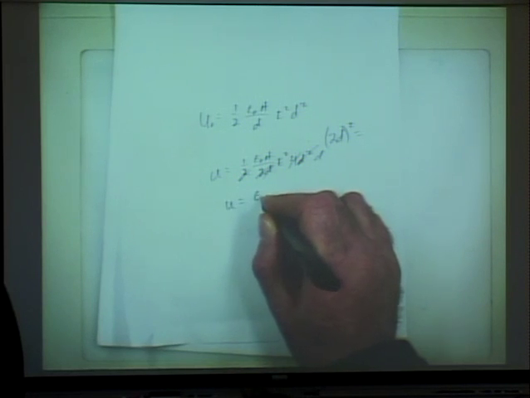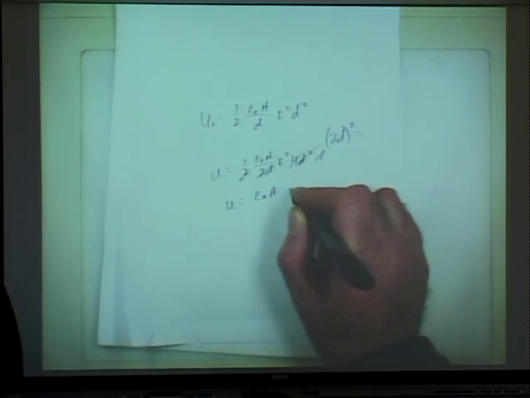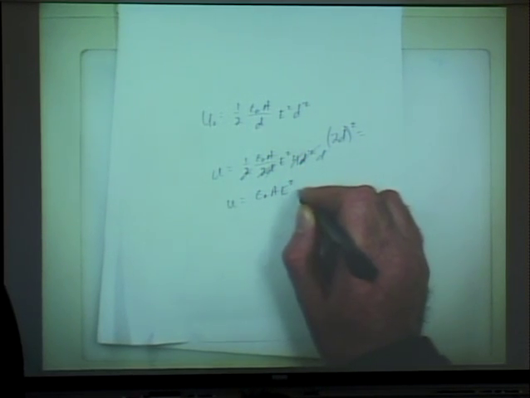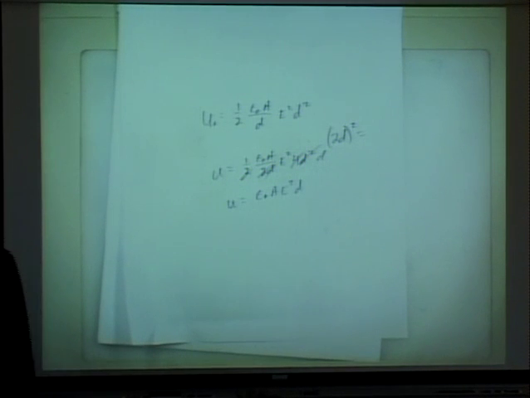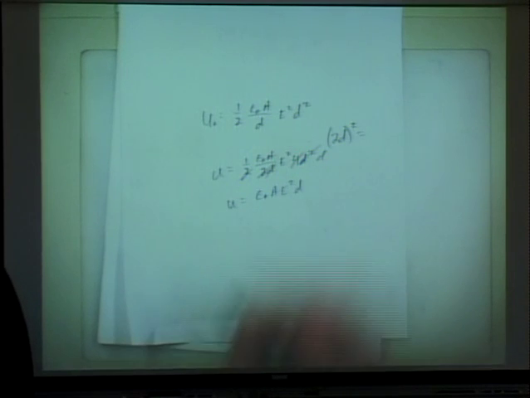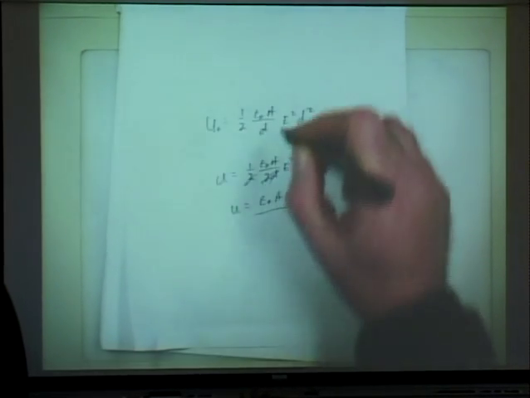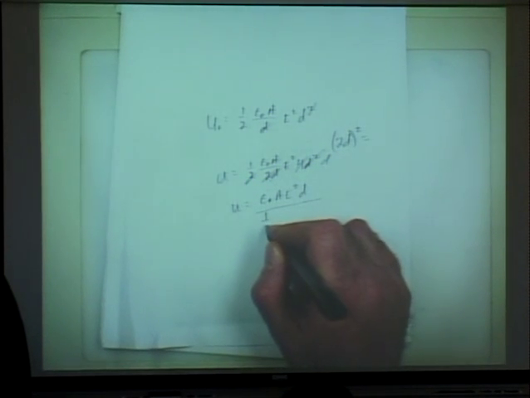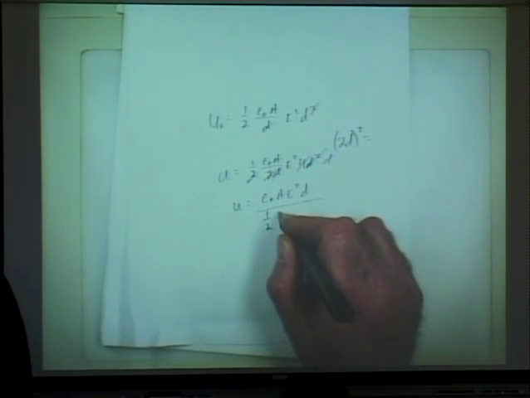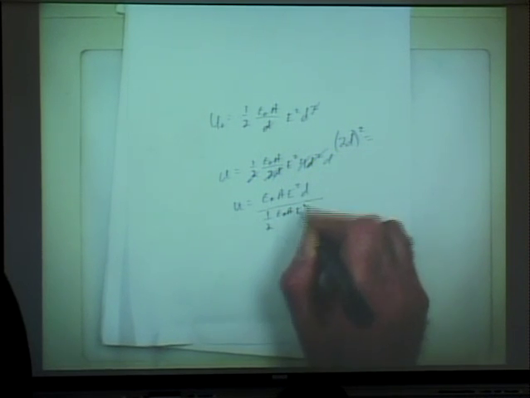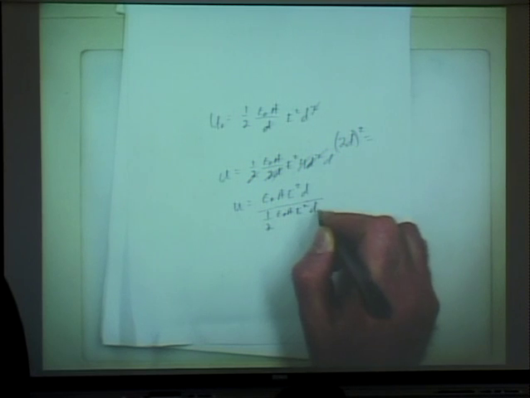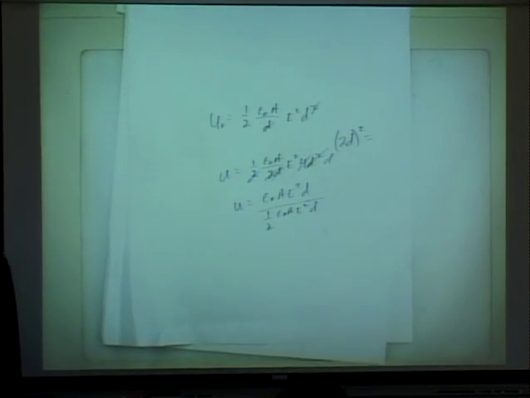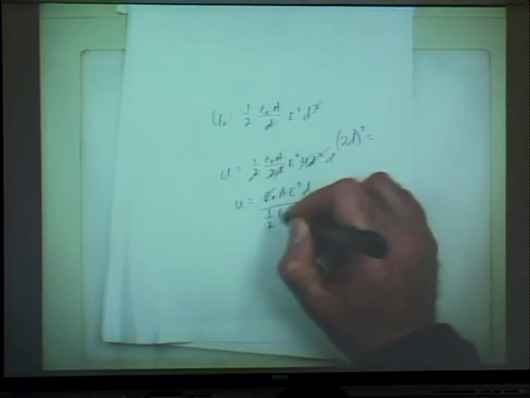Now follow along to my madness here. So I've basically got epsilon naught A E squared D, divided by, cancel that, 1/2 epsilon naught A over E squared times D. All right, so all these guys cancel.